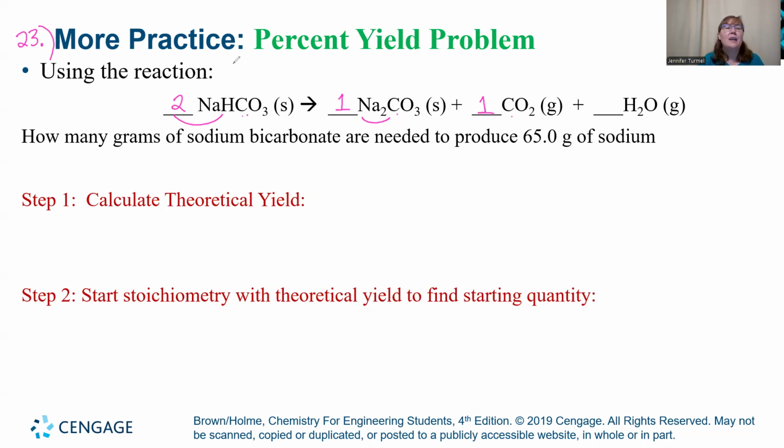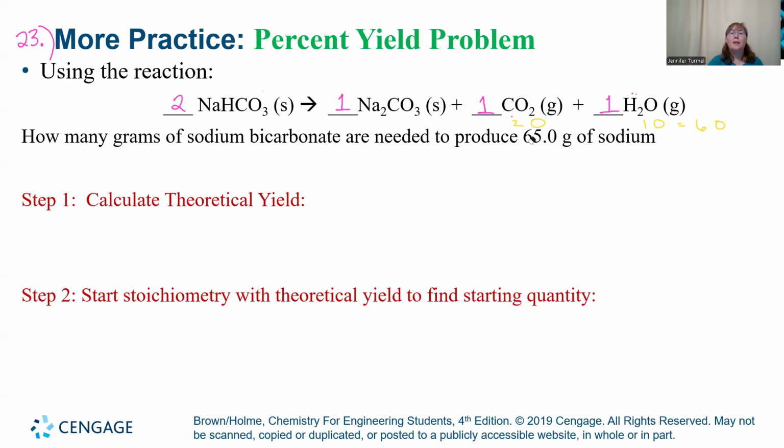Now I have 2 hydrogens here and 2 hydrogens here, so I'm going to put a 1 there and see if that works out for everything. So here I have 3 oxygens, 2 oxygens and 1 oxygen, which gets me 6 oxygens. And on the other side, 2 times 3, I have 6 oxygens as well. Excellent. So the balancing is complete.